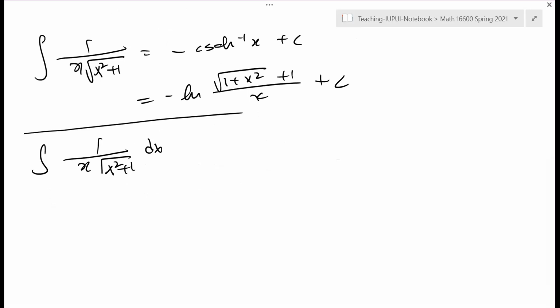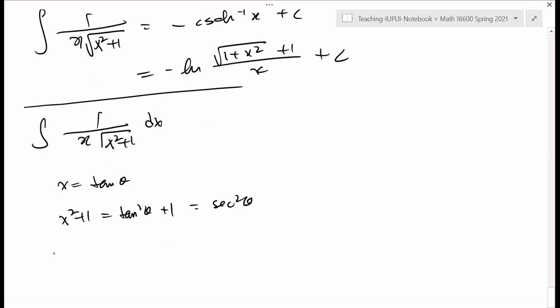Remember x squared plus 1? We have the trigonometric substitution. x could be tangent theta. The reason is x squared plus 1 is going to be tangent squared theta plus 1 equals secant squared theta. That's why you can get rid of the radical. So it's a very natural idea. The square root just equals secant theta.